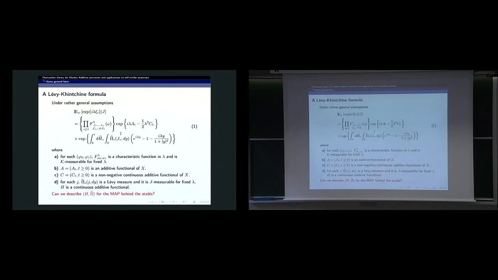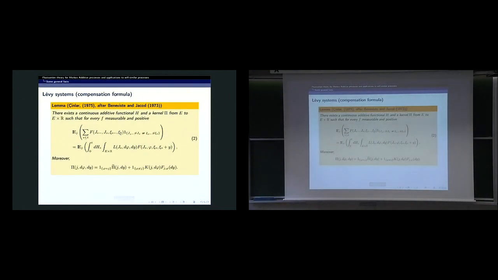Okay, so now can we use that, for instance, to describe the Markov additive process that is behind this table? The answer is yes, but to do that, remember we use, in the one-dimensional case, the compensation formula. And there is also a compensation formula for these processes, established by Schindler and later generalized by Benveniste and Jacod.